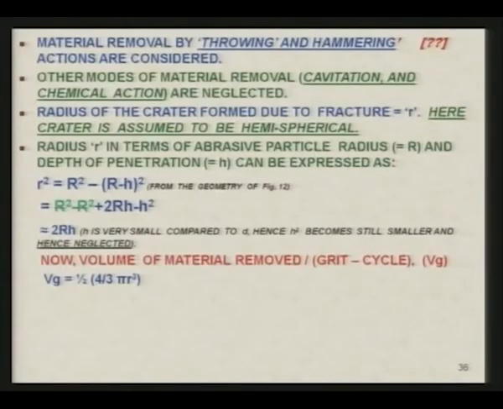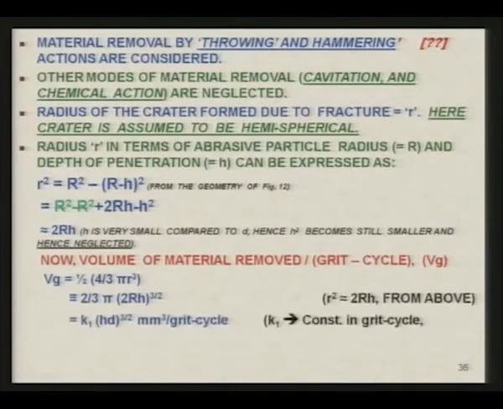The volume of the sphere is given by 4 by 3 pi r cube, and half of it becomes half multiplied by 4 by 3 pi r cube, and this comes out equal to 2 by 3 pi within bracket 2 r h raised to power 3 by 2. And as you can see in the previous line, we have shown that r is approximately 2 r h. So, if we take this, then we get this equal to k 1 h into d whole raised to power 3 by 2 millimeter cube per grit per cycle.